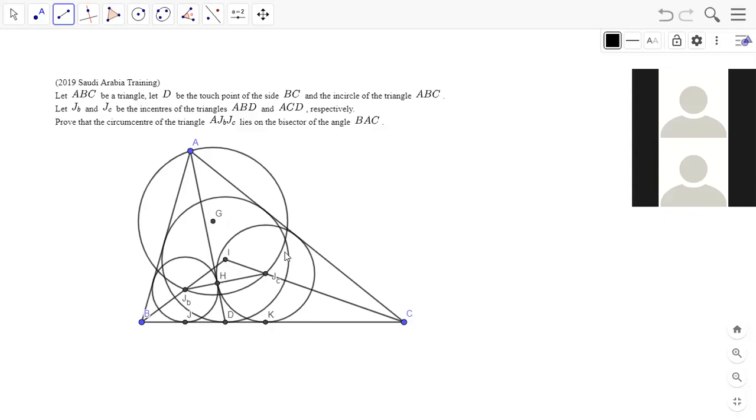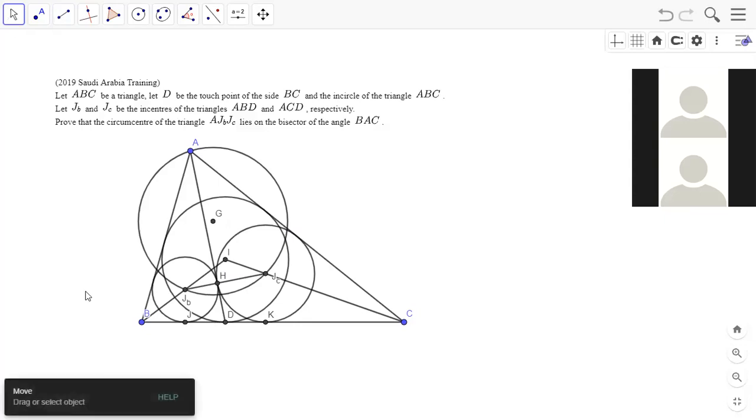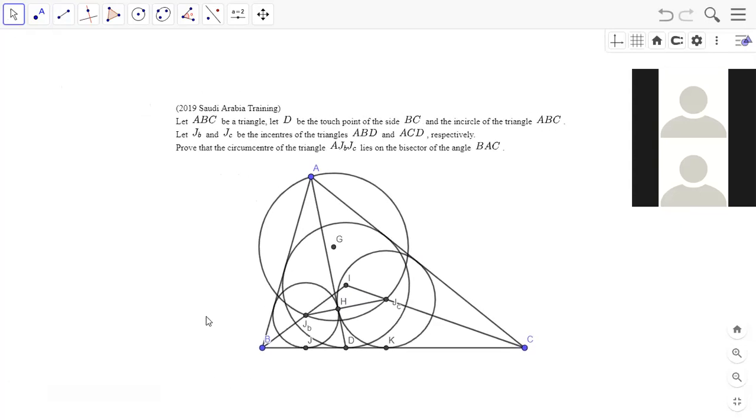And we need JCAI, that's CAI minus CAJC. Yeah, no, it's just an angle chase, really. So I think it's not too hard.